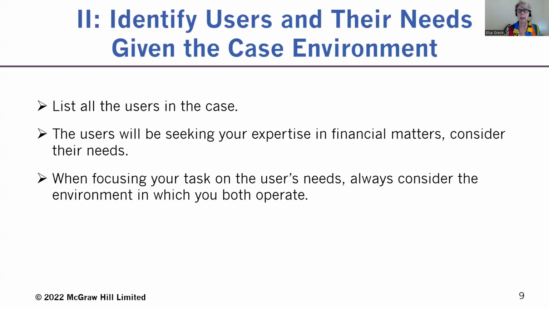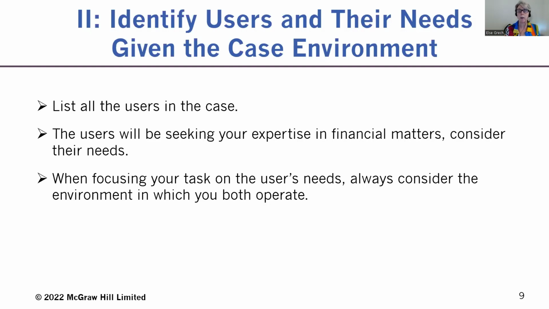Continuing with your case plan, you need to identify the users, the entities which will be directly impacted by your recommendations in the case. You need to be sure you identify the key users. So let's give an example. It might be true that for a corporation, the users could be things like the employees and the customers and society at large and the creditors and the potential shareholders and the actual shareholders and the possible venture capitalist who wants to invest in your business.